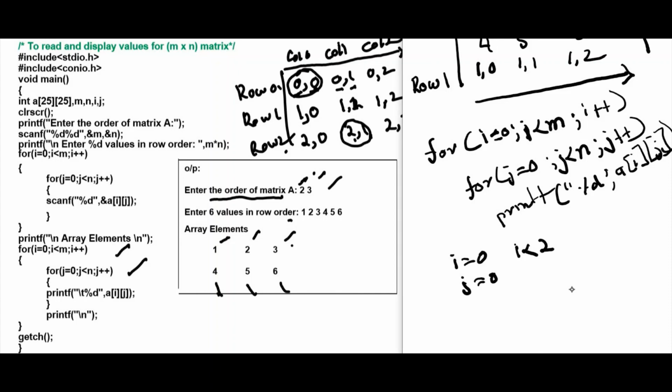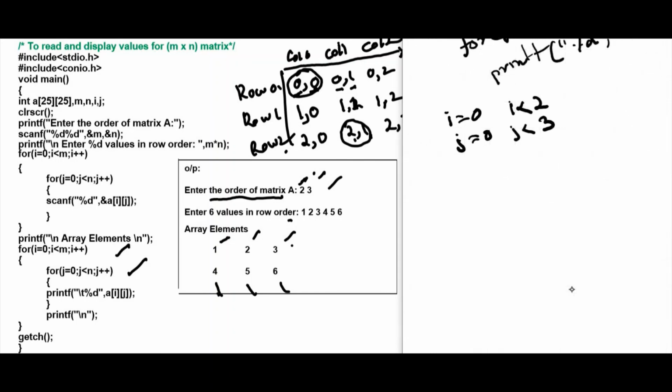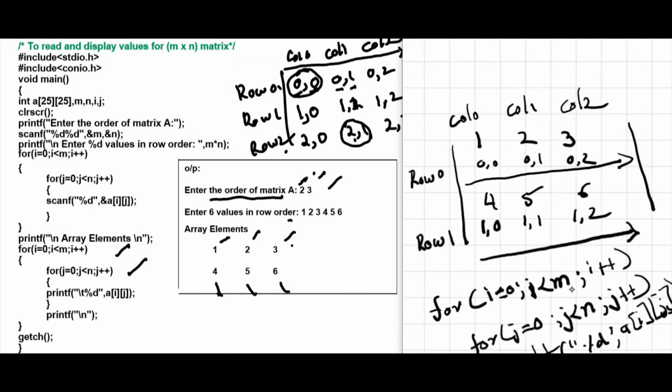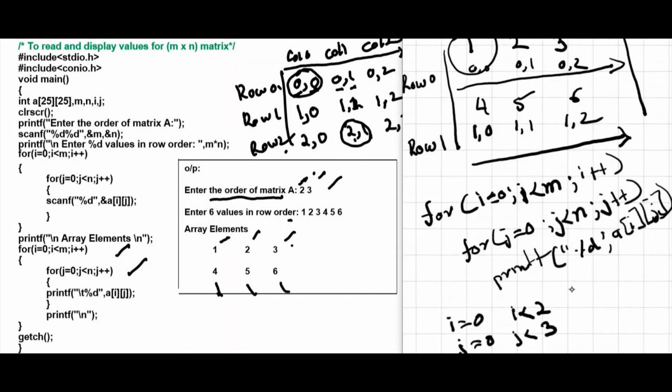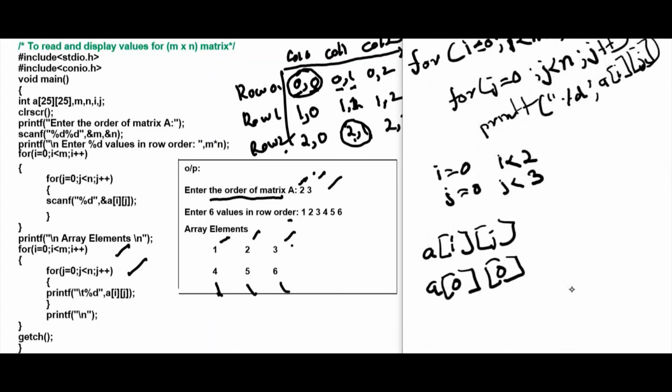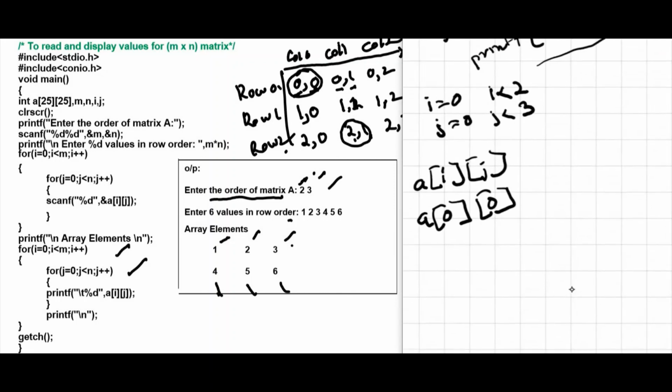So when it enters the loop, in the inner for loop j is equal to 0 and j less than 3 is being checked, right? So initially a[i][j] means it is going to perform a[0][0]. So I am referring to the first element. So the first element will be printed.